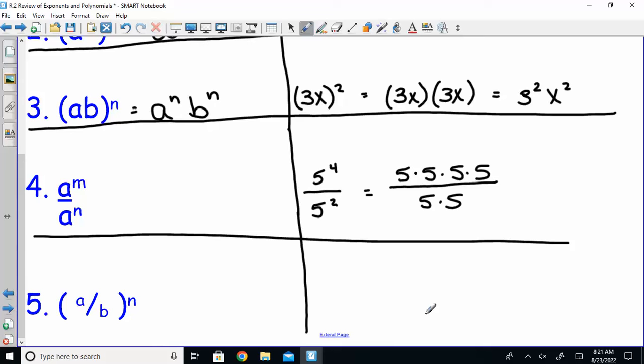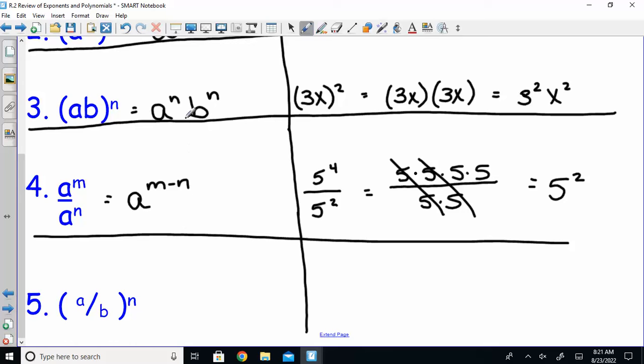What happens? Yeah. We can cancel some of those out and we're left with 5 squared. So all we really had to do was subtract the exponents. See, you guys didn't know you remembered so much, did you? Thought you forgot everything.